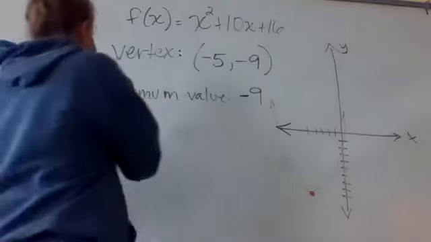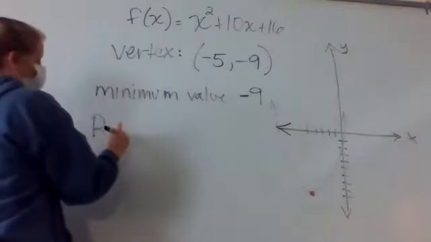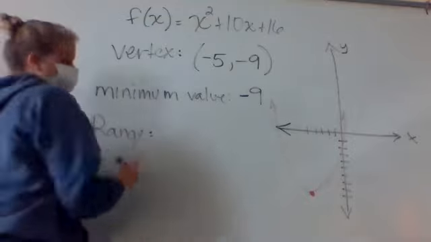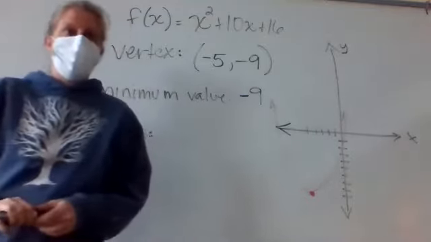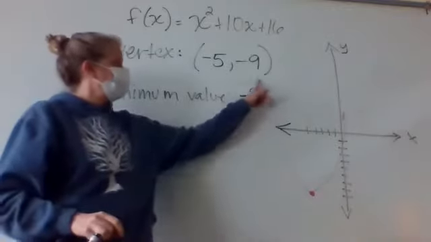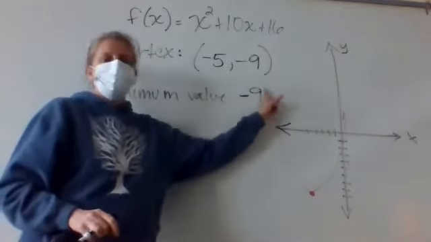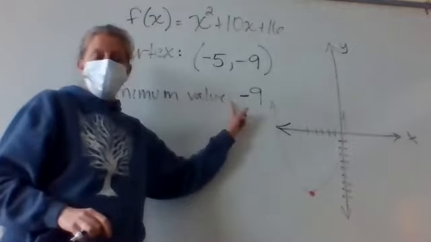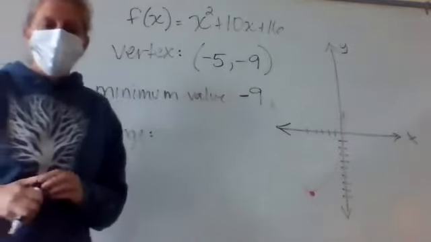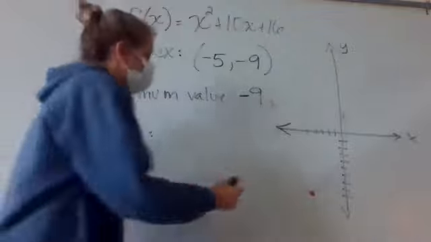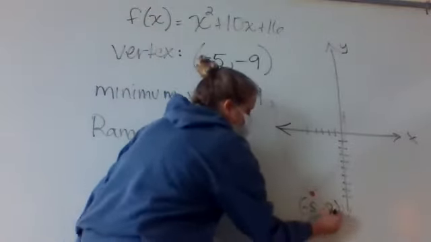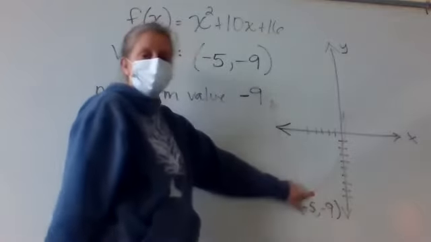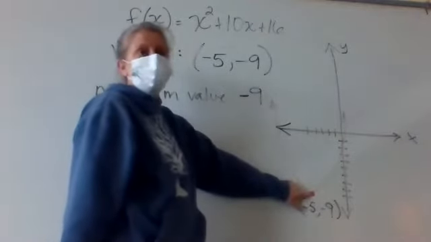Okay, new information. Now it's going to ask you, what is the range of this parabola? The range is the y values, right? So this right here tells you your minimum y, your minimum value. So the minimum of the range is going to be that -9.